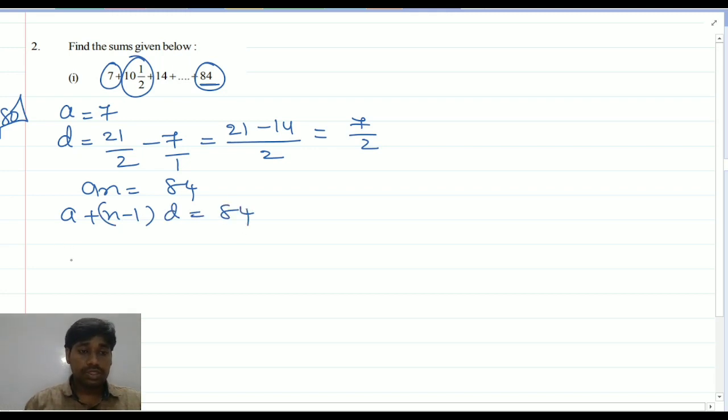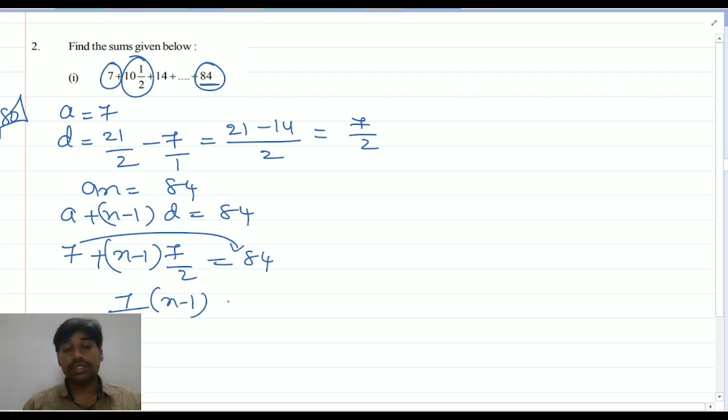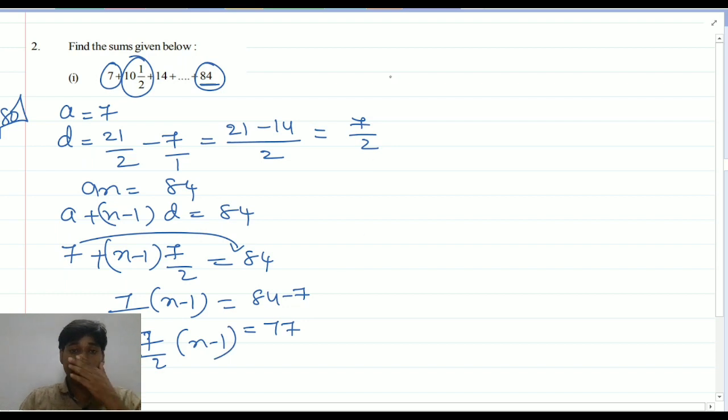A is 7, plus n minus 1 into common difference 7 by 2 is equal to 84. I can do this by taking 7 common, but we will do that later. 7 by 2 of n minus 1. This 7 gets transferred this side, so it is 84 minus 7. 77 we are getting. So 7 by 2 of n minus 1 is 77.